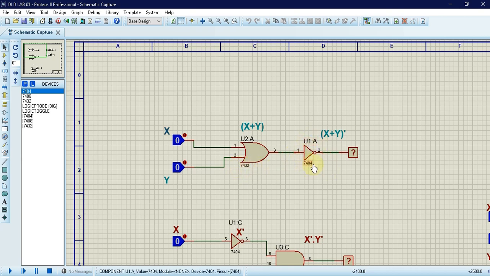This is a NOT gate. The IC name of the NOT gate is 7404.